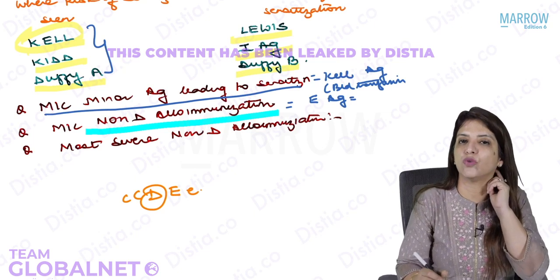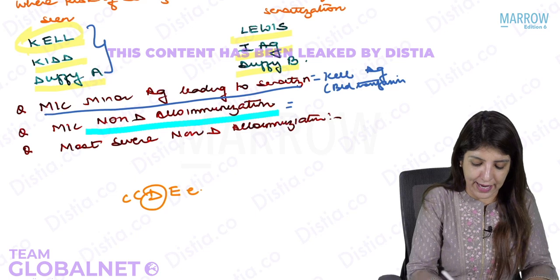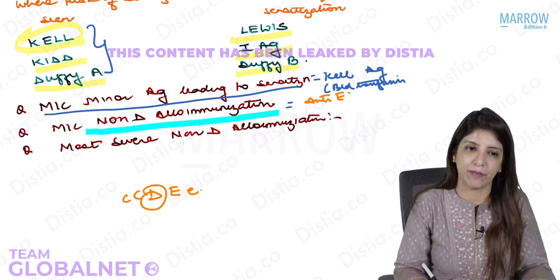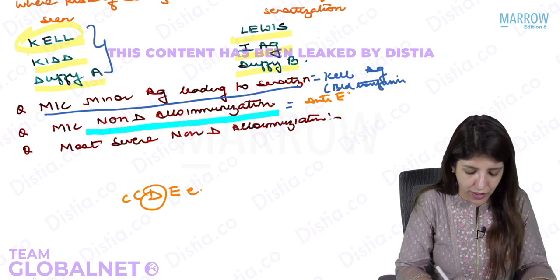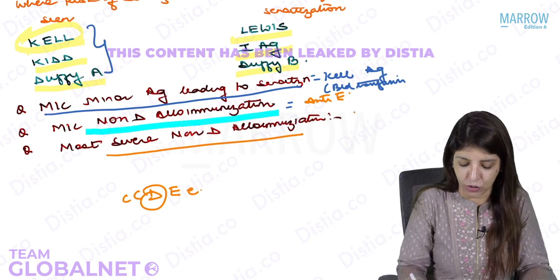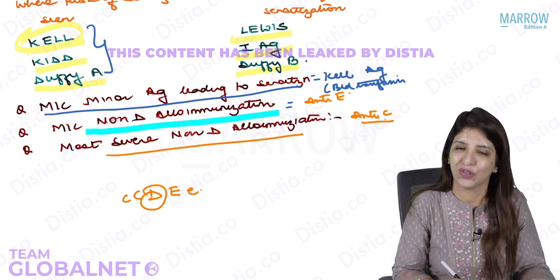So alloimmunization with E, that is anti-E immunization. So you can write anti-E immunization. Now this is most common. Which is the most severe non-D alloimmunization? The most severe non-D alloimmunization is anti-C alloimmunization, right?